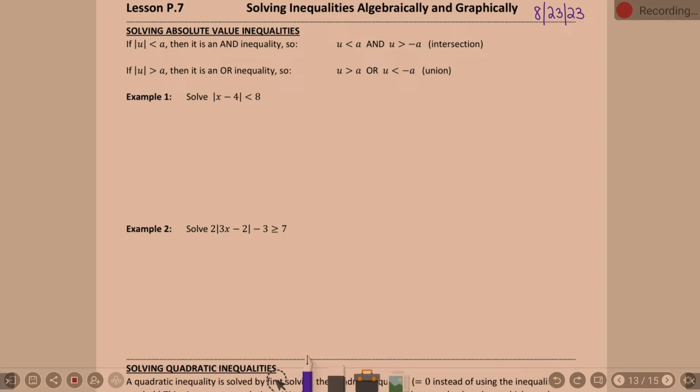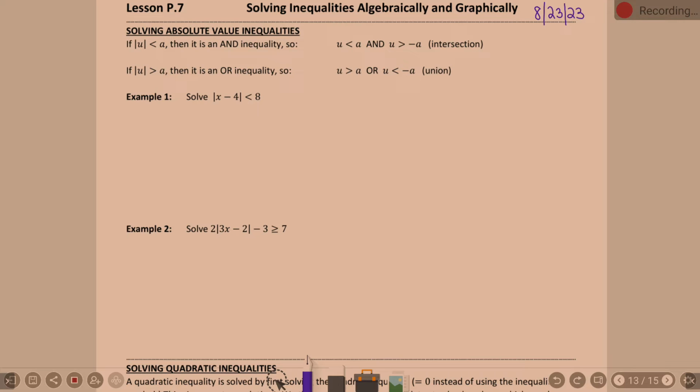As we get later on, we're going to talk about quadratics, the parabola ones. But with absolute value, you have to remember that there are two options, because the number inside the absolute value could be positive or negative and still be the same.